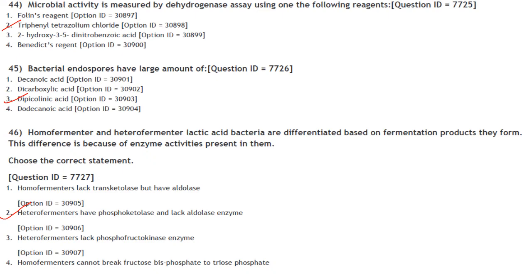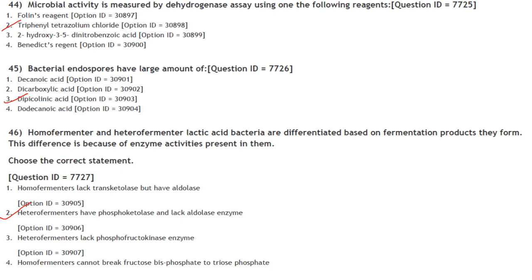So answer is option 2. Next one. Bacterial endospores have a large amount of dipicolinic acid, and that's a direct question. Answer is option 3.